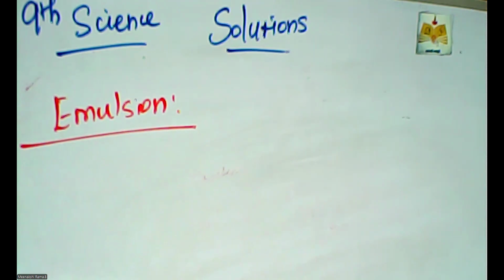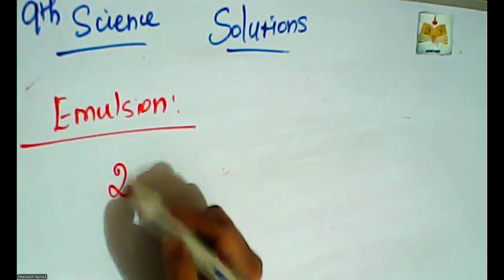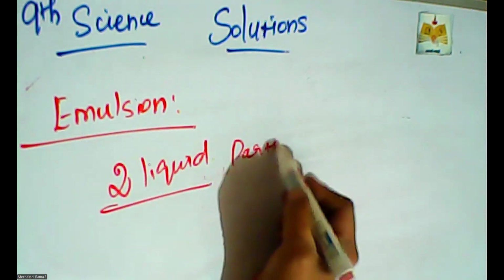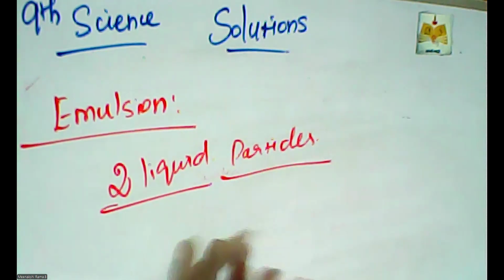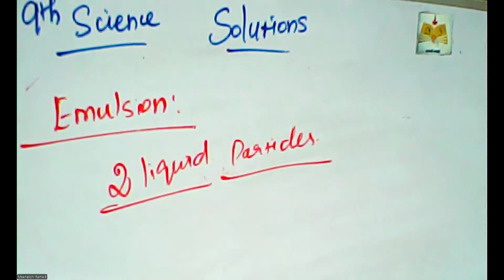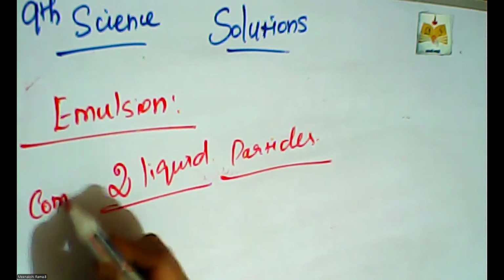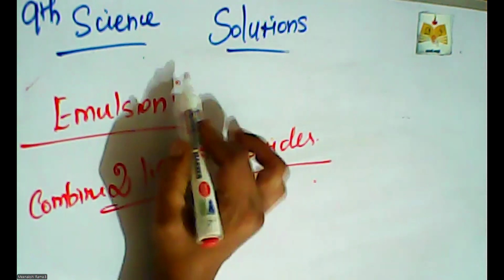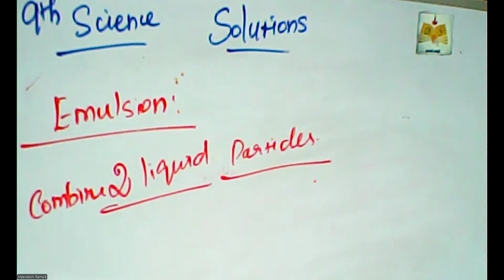Two types of liquid particles are mixed to form one solution, and that is called an emulsion. So one type of liquid particles gets scattered in the other liquid. Emulsion is a special type of mixture combining two liquids. So combining two liquid particles to form one solution is called an emulsion.